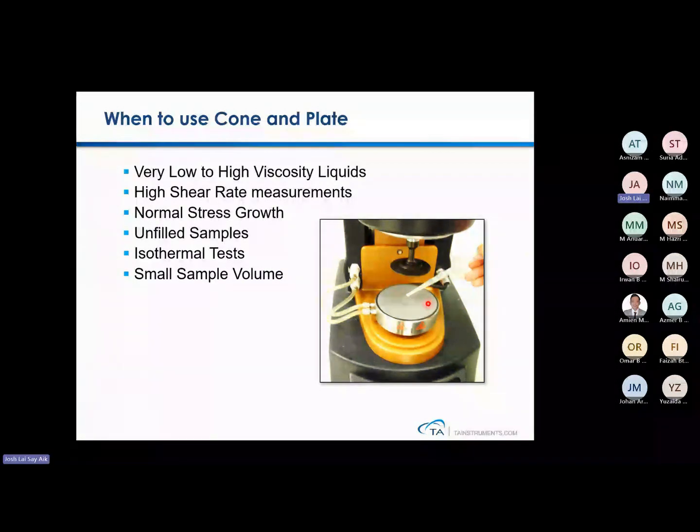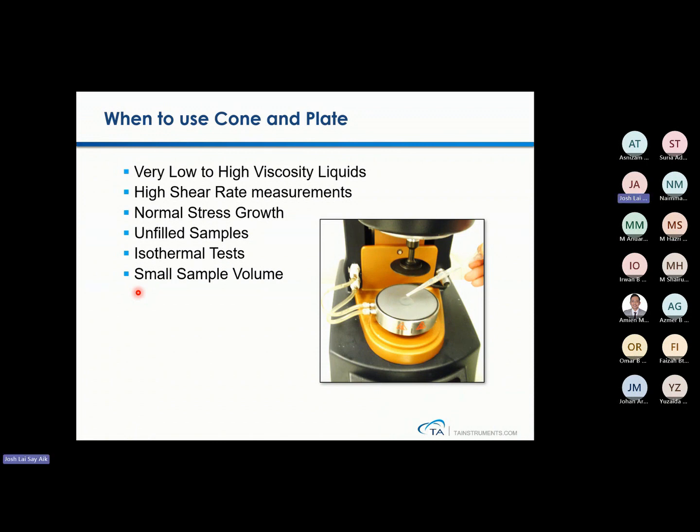If you want to go for a very high shear rate, above 1000, a cone and plate is your choice, because the gap is very small, even smaller than the parallel plate. Just like I mentioned, if you have a smaller gap, the maximum shear rate could be higher. It is typically for unfilled polymers, but it can only go for isothermal tests, meaning a single temperature in a single measurement. It typically requires very small volume because the gap is even smaller compared to the parallel plate measurements.